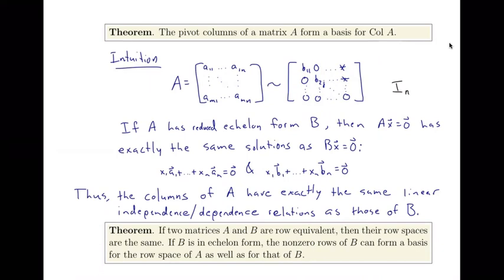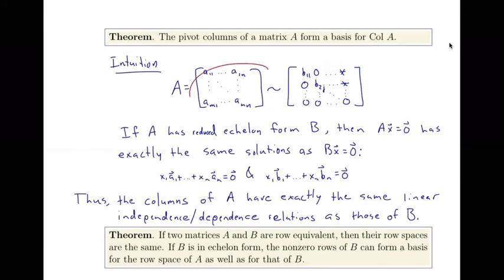And then any subset of a set of linearly independent vectors is also linearly independent. So if we didn't get all of our standard basis vectors here, then we could use that fact or argue along those lines to show that these must be linearly independent. The last bit of this too is to say, well, if B has these linearly independent columns, then how do I know that that translates to A?